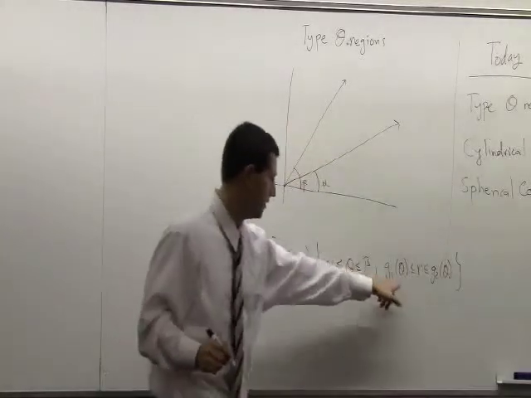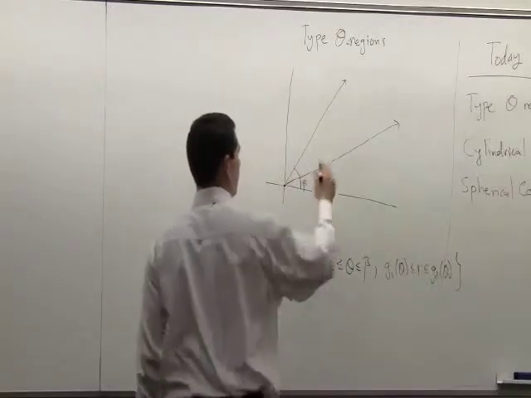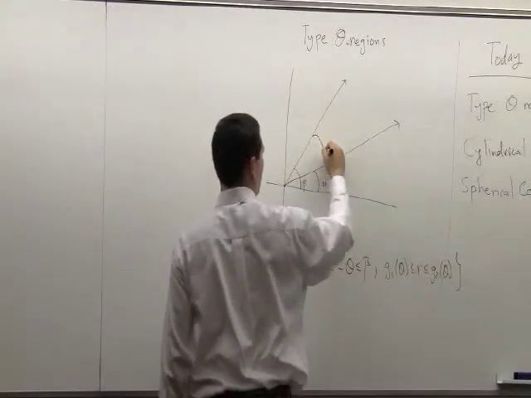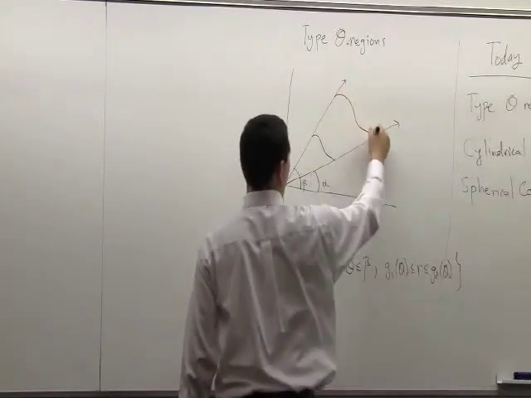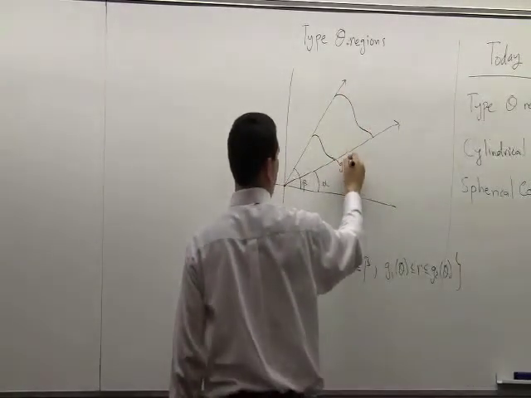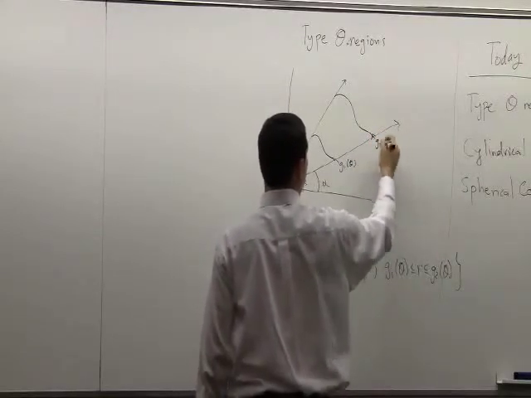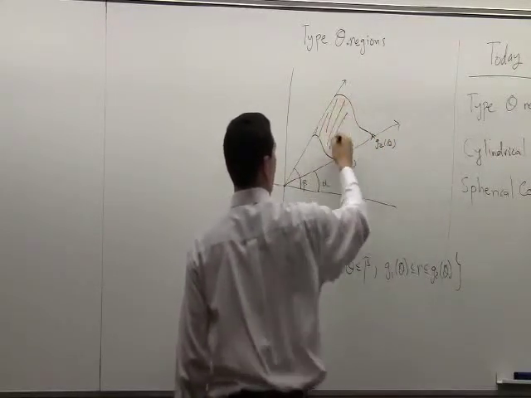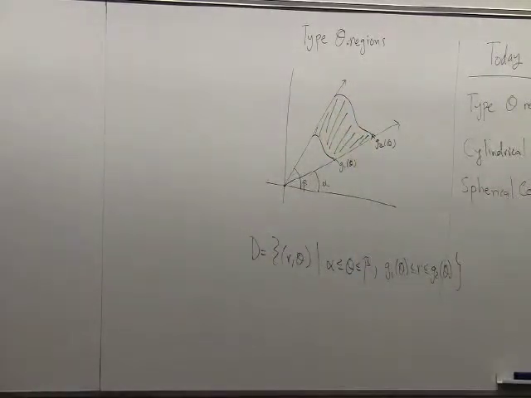And then the radius is a function of whatever your theta is. So maybe the radius looks like that, and then here's a function like this. So this is g1 of theta, and this is g2 of theta. And since r has to sit in between them, that's the region that you're actually going after.